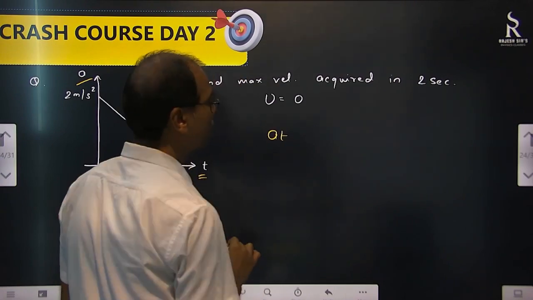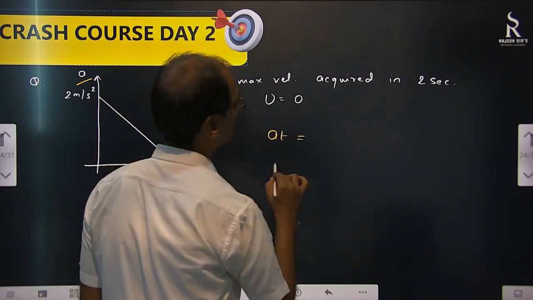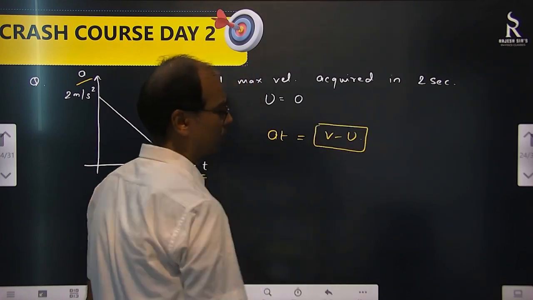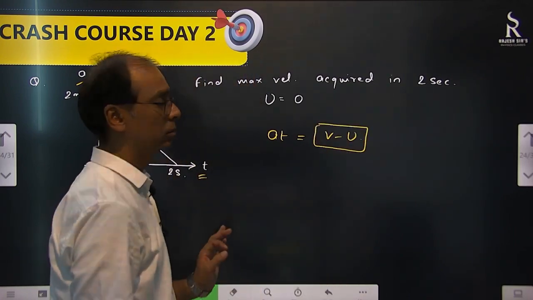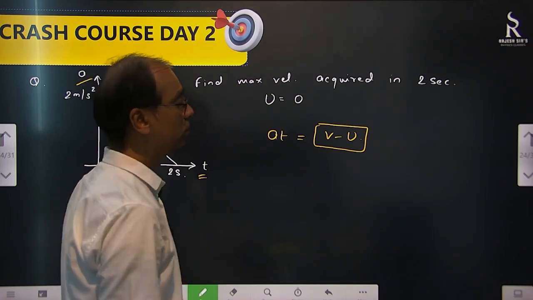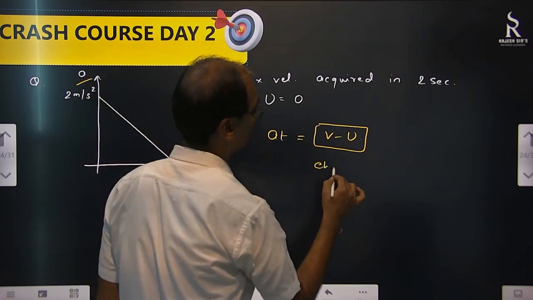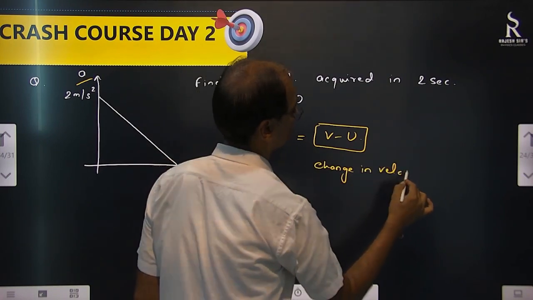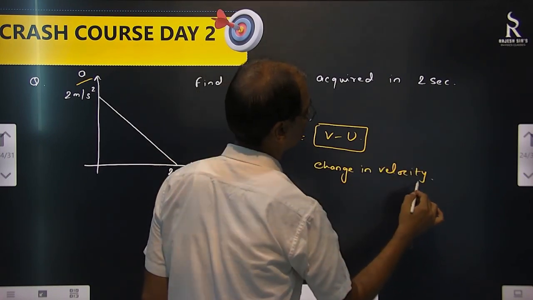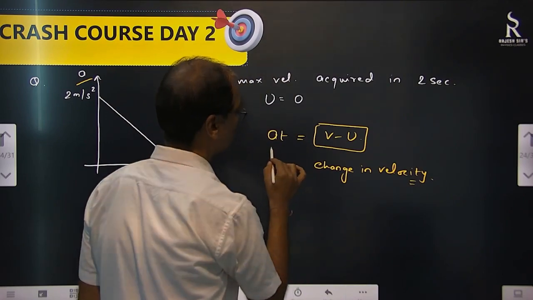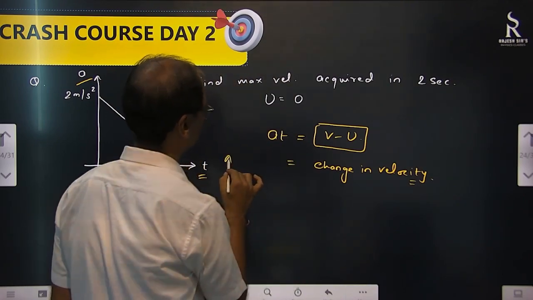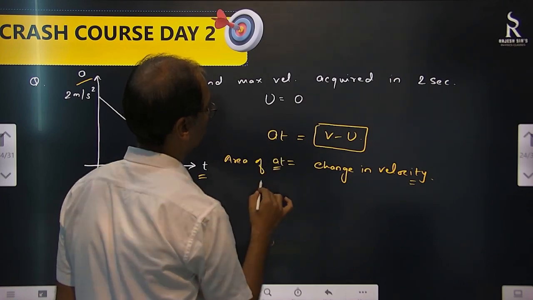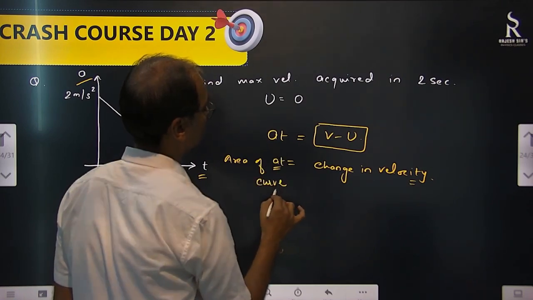AT gives us V minus U. First equation of kinematics, see, I have written V minus U equal to AT. So AT gives you V minus U, that means change in velocity. So the area of the AT curve gives us change in velocity.